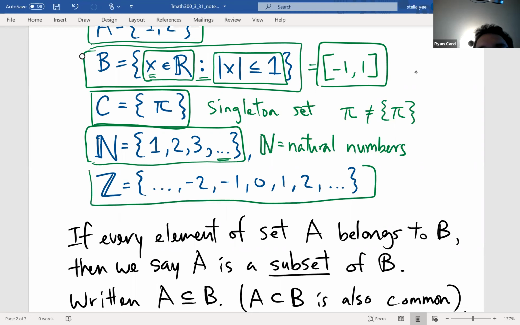The letter Z usually denotes the set of integers. So that includes the number 0 and all the negative numbers as well. 0, 1, -1, 2, -2, 3, -3, all of those are part of the integer set.